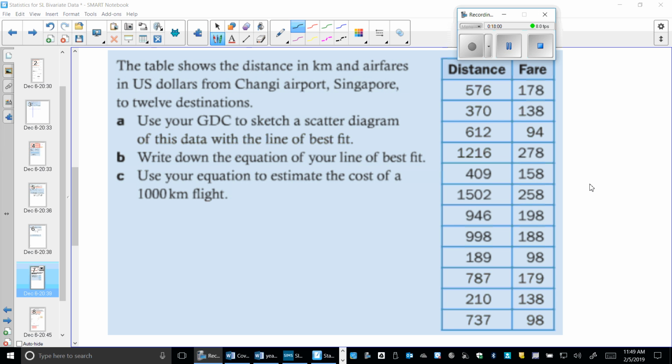Once your data's in, I can't show you on here. I need to come over someone's shoulder. We go to the menu, then Stats, and let's try stat calculation.